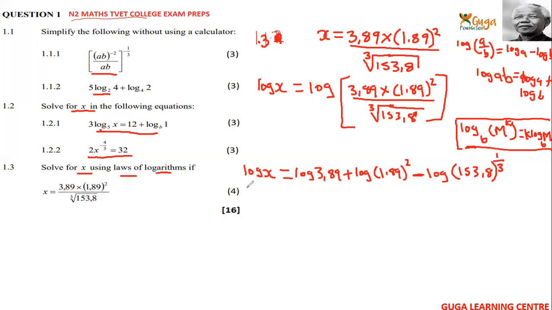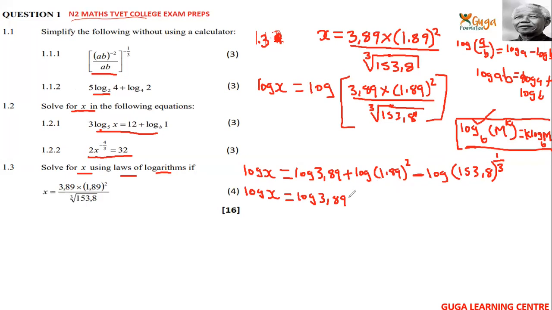Okay, so now we can say log of x is equal to log of 3,89, right? So here you've got the power, set power down from this rule here, log base b of m to the power k, power down.